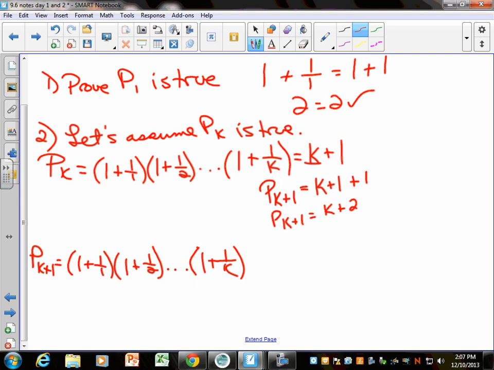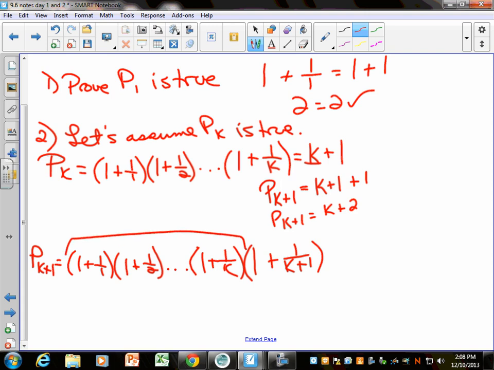But what would the next term be? I just take this and I replace k with k plus 1. And every time it works out the same way.